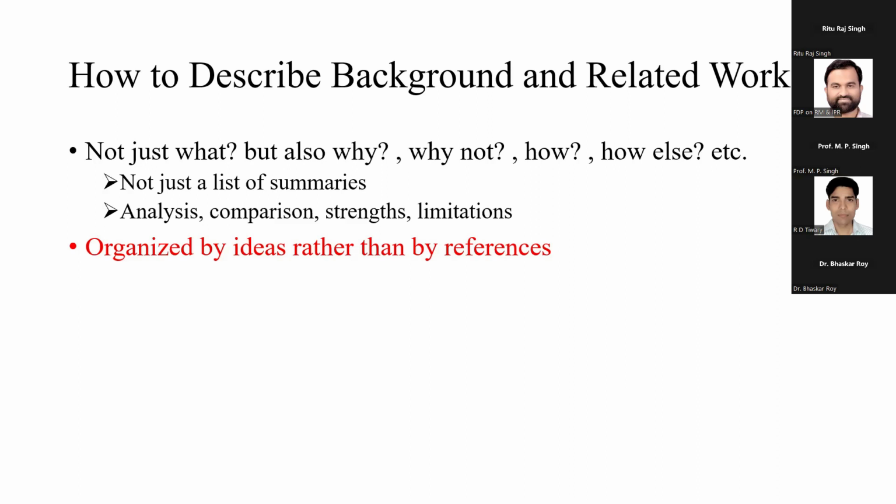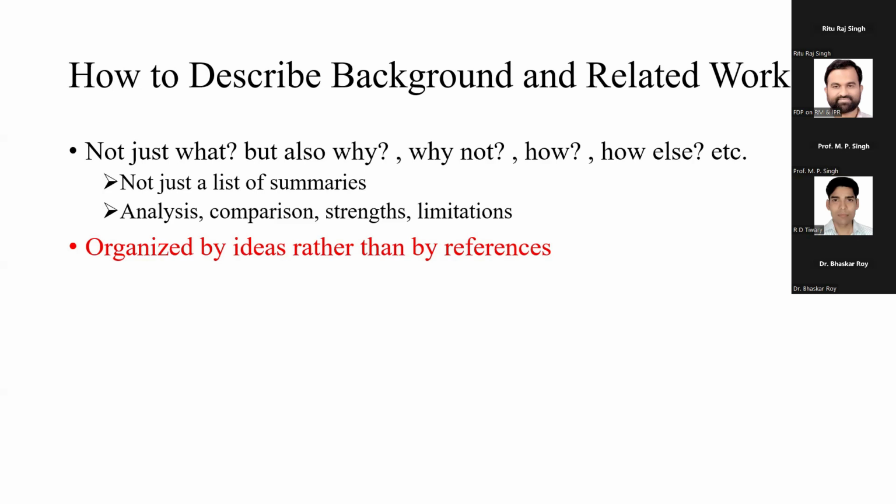Out of those, let's say you have read 30 papers. Now, one approach is to write one paragraph for each paper. This you can do, but this is not a good organization of your second section, related work. Then what is a good organization?